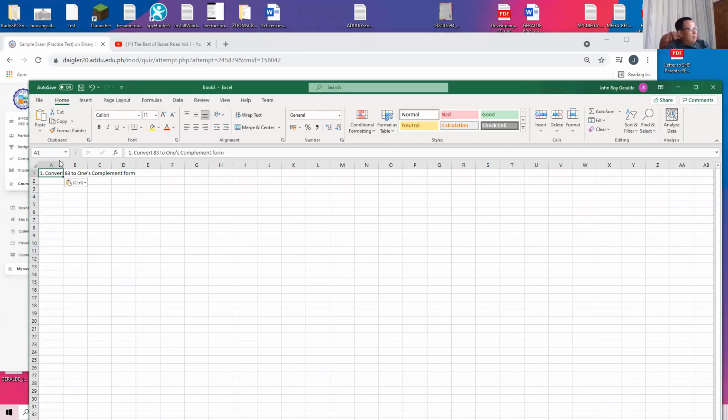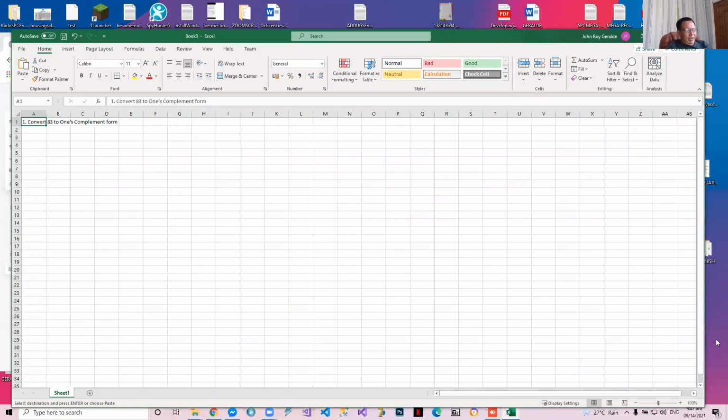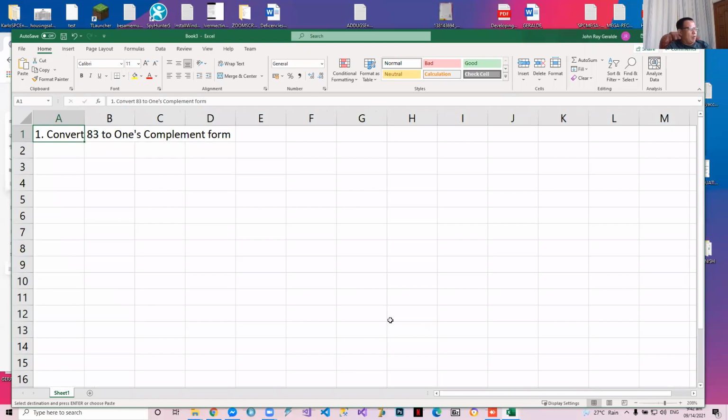You know what 1's complement is? We know that there's a pairing of binary numbers according to the next power. Given an n-bit binary number, there's a pairing. So if 83 is the value, the next power of 2 is 128, right? Because you know 1, 2, 4, 8, 16, 32, 64, 128.